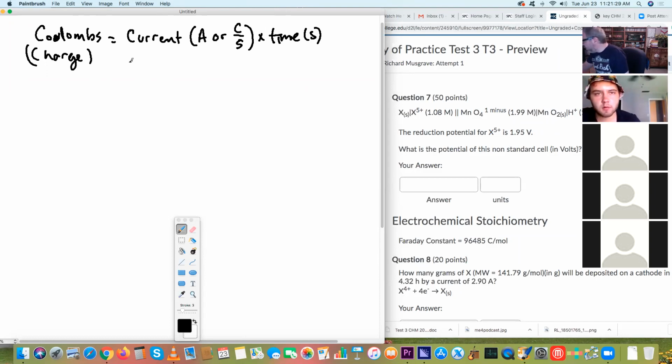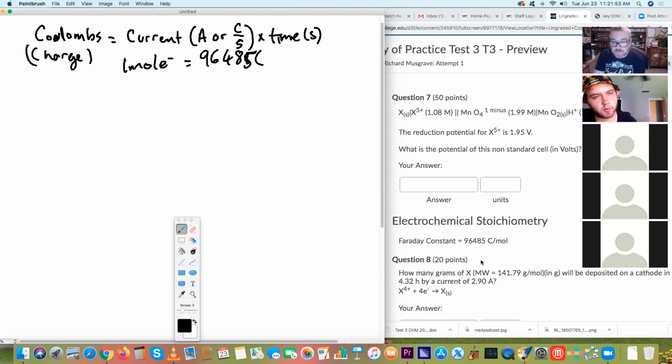The other important piece of information, which I do give here, is the Faraday constant, 96485 coulombs per mole. So 1 mole of electrons carries a charge of 96485 coulombs, and I give that there in that constant. You can see it here, the Faraday constant.